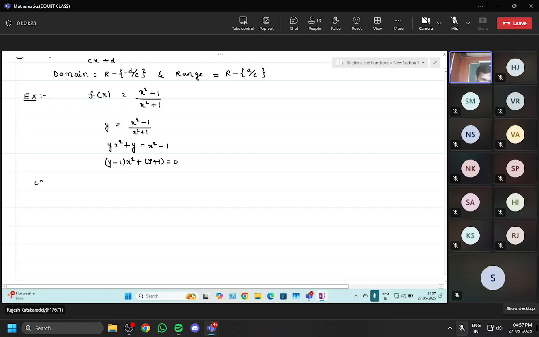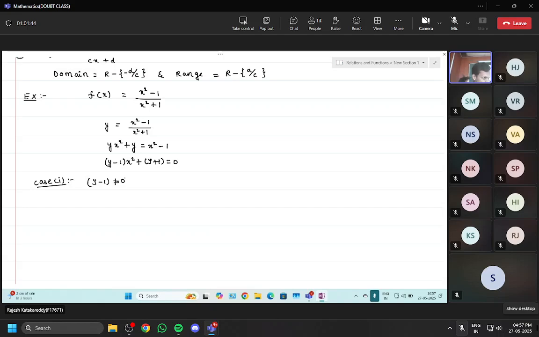So take two cases. Case 1, y minus 1 is not equal to 0. Assuming that it is a quadratic equation, then only you can solve after this. There are some real values of x and real values of y as well.